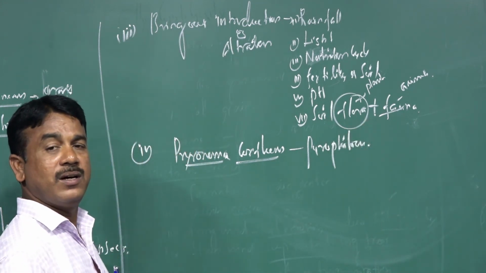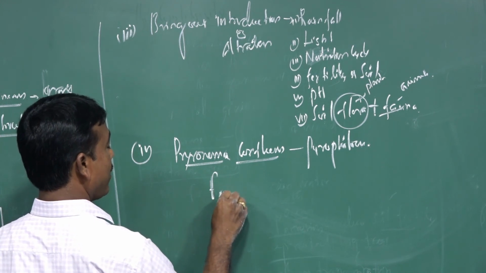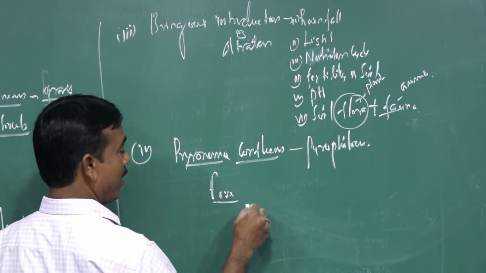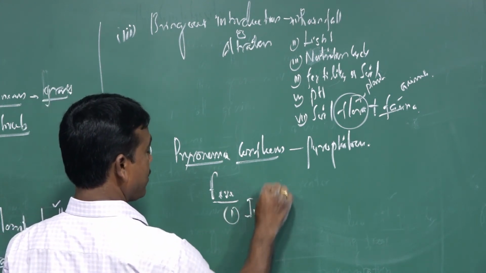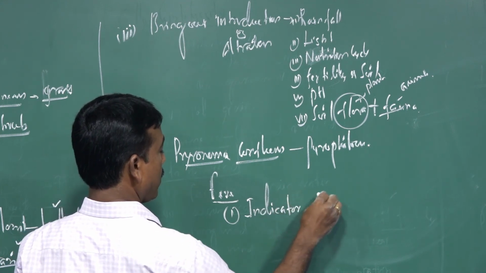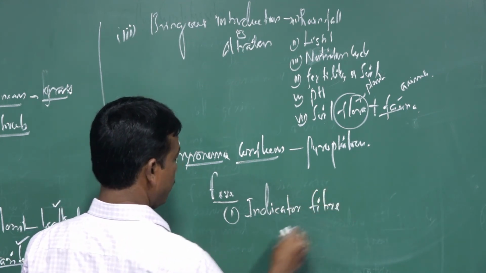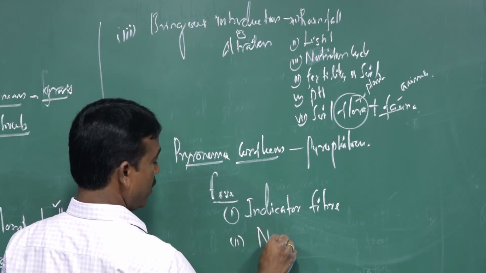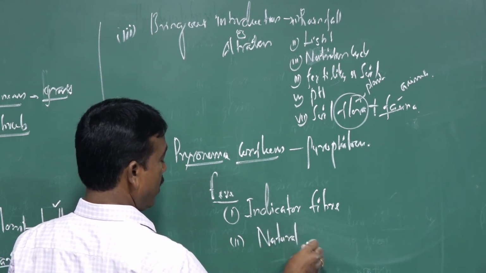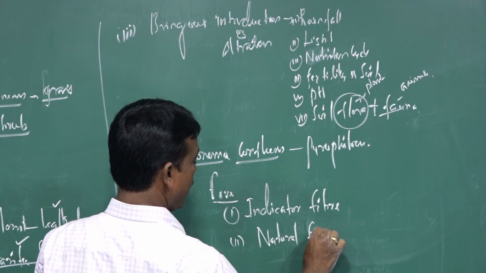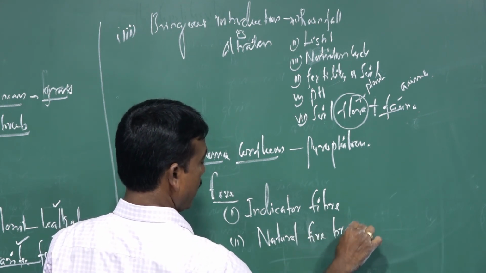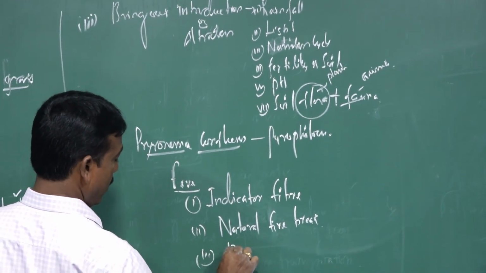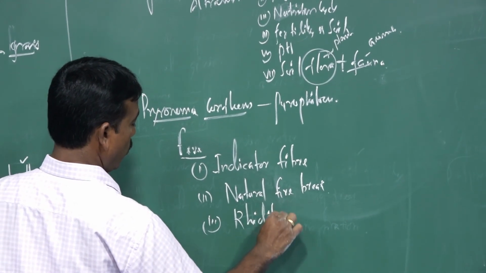So based on the nature, the fire can be classified into various types. They are namely indicator fires, second one, natural fire break, third one, the rhytidome.